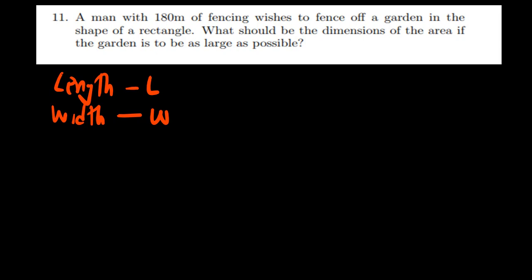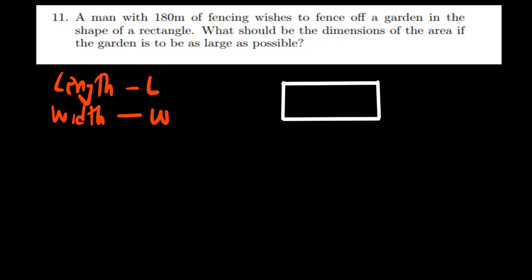So now you remember that perimeter is just the total distance around a shape. Okay, the total. So let's say this is our rectangle.